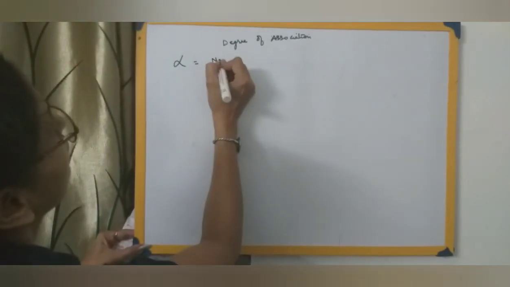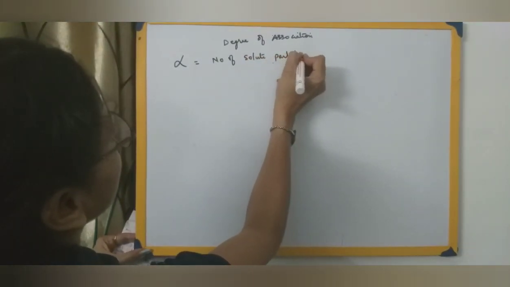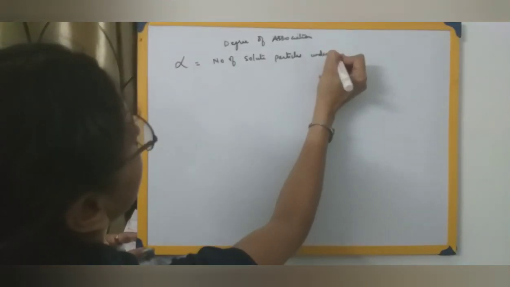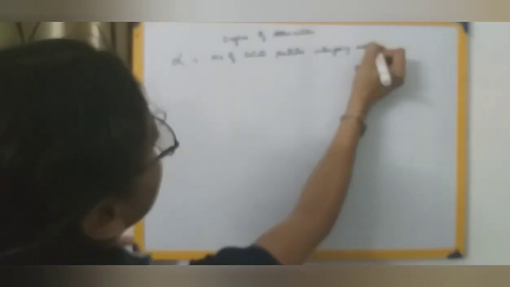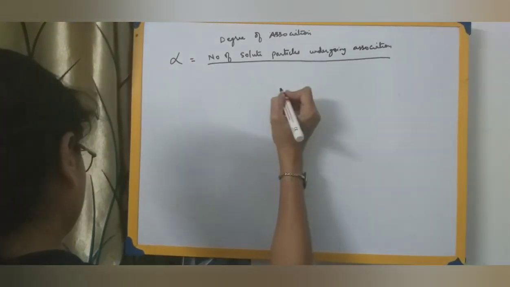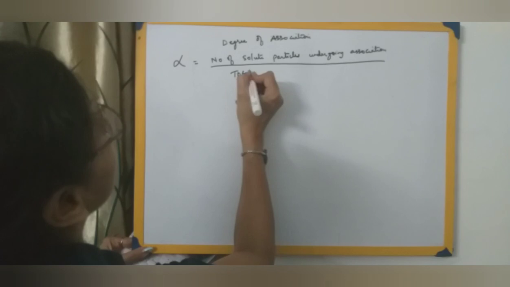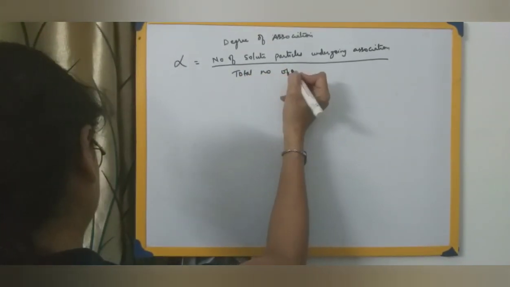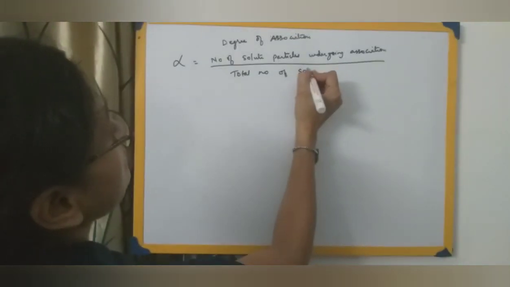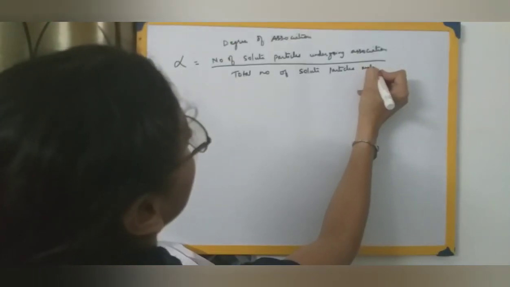It is the number of solute particles undergoing association to the total number of solute particles present in solution, or the total number of moles taken.